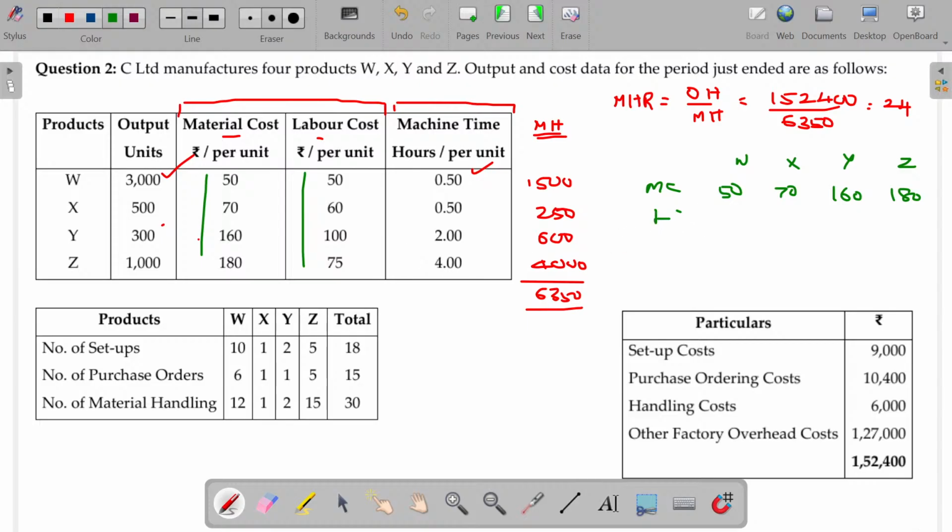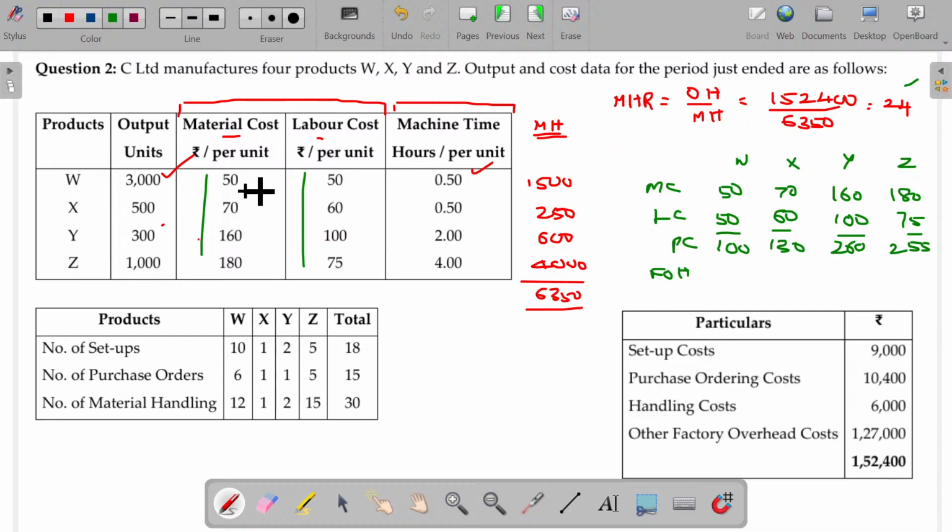Labor cost 50 rupees, 60 rupees, 100 rupees, 75 rupees. Then prime cost being 100, 130, 260, 255. And factory overhead. Factory overhead is recovered based on the machine hours. That's how the statement is given.